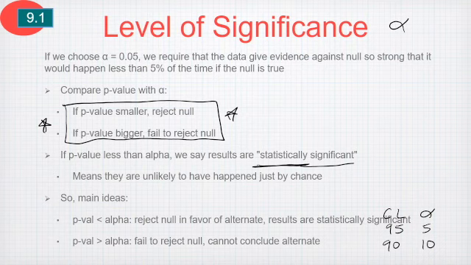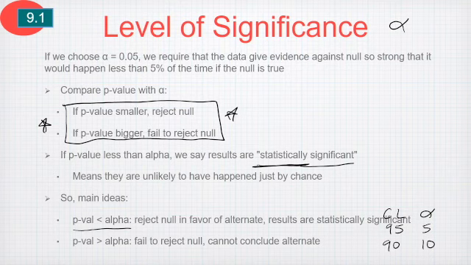Okay, big takeaways. If the p-value is less than alpha, we reject the null in favor of the alternate, and we conclude the alternate hypothesis in context, saying the results are statistically significant. If the p-value is greater than alpha, we fail to reject the null, and we cannot conclude that the alternate hypothesis is true.